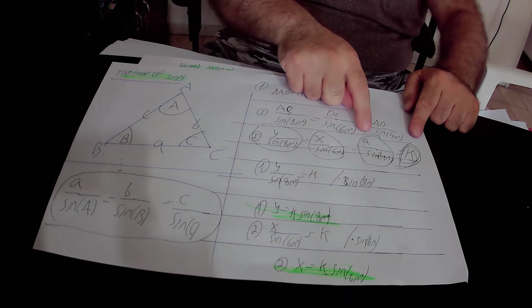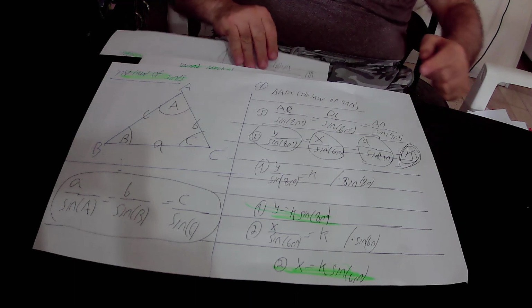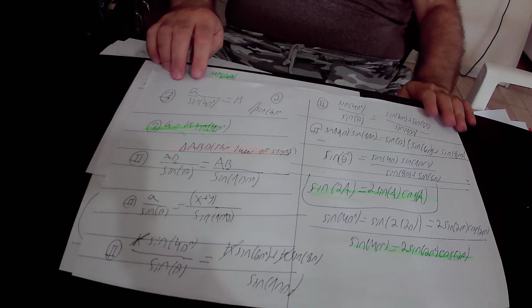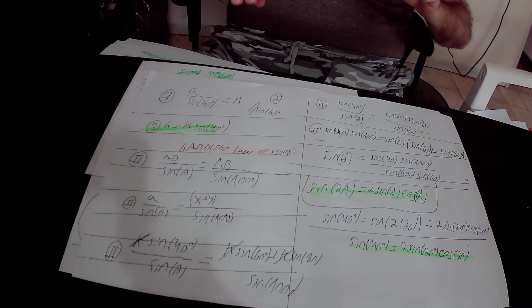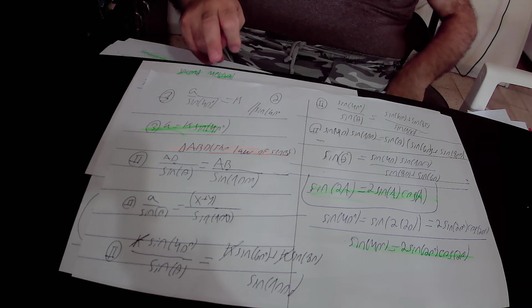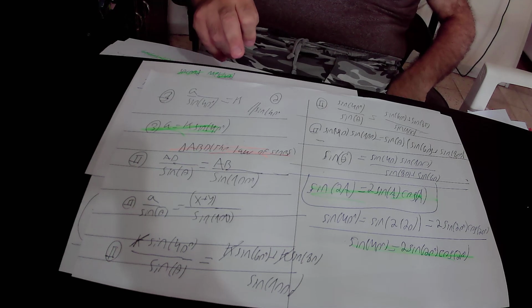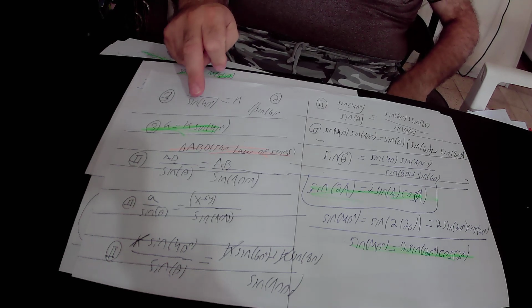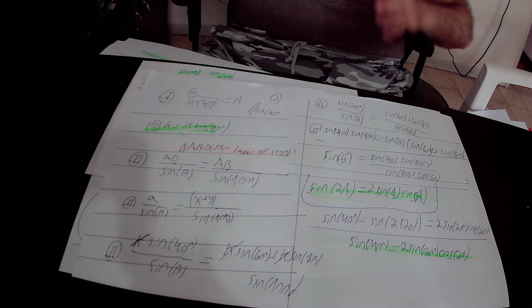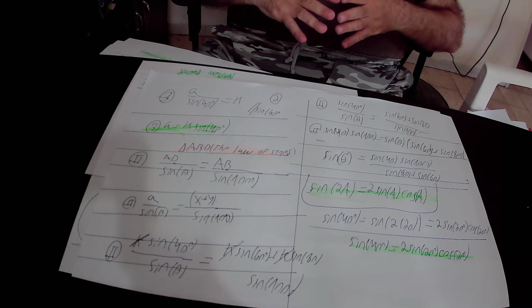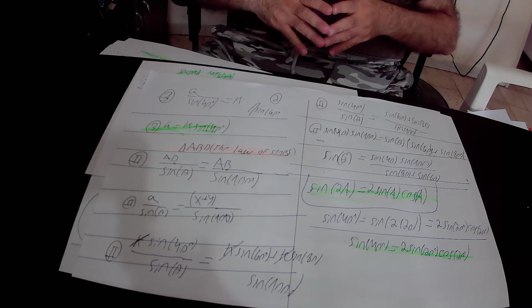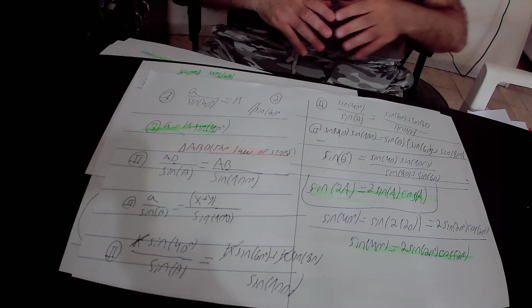And finally, those two expressions are also equal to each other. That is to say, according to equation number 3, a over sine 40 degrees equals k. We multiply this equation number 3 by sine 40 degrees and found out that a equals k times sine 40 degrees. So we have three different expressions for a, x and y.